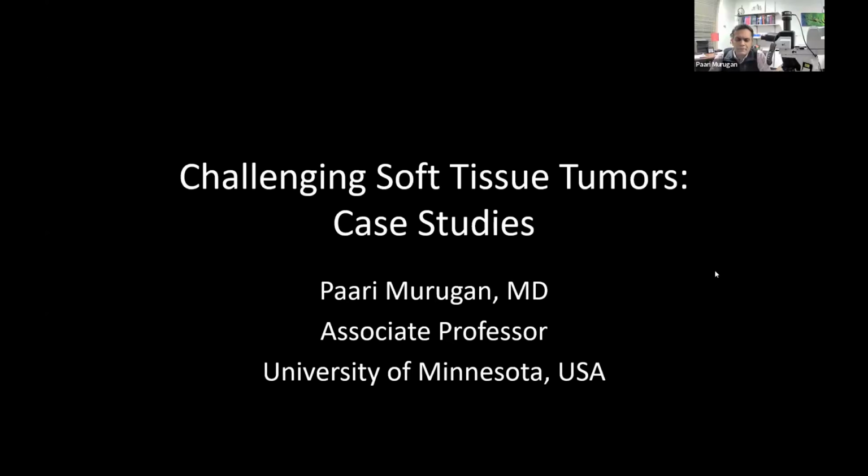So we have a fairly extensive soft tissue or orthopedic practice in our university. And I thought this was a great opportunity to share some challenging cases that we get in our practice. As Madam Vice Chancellor mentioned, the practice of soft tissue tumors is extremely challenging because it's a niche field.